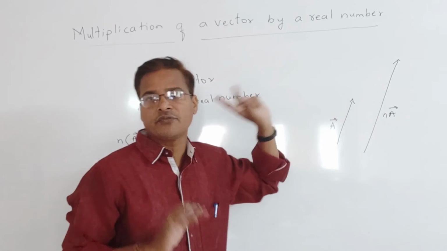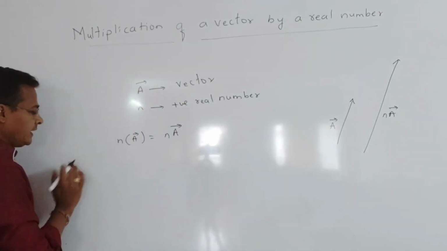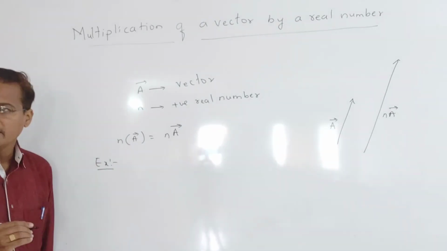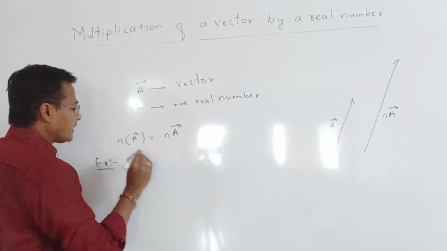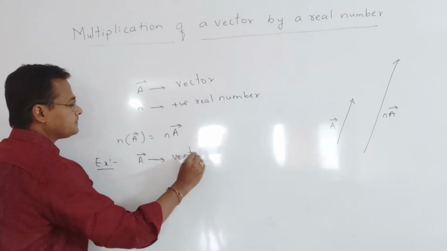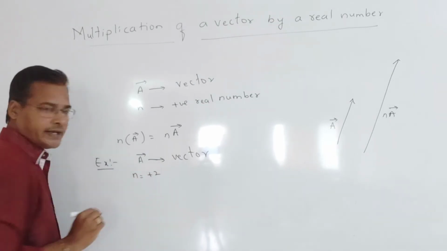How many numbers? For example, let me take one example. A is the vector, and another vector is what we are going to get. Here n equal to plus 2 we have taken.